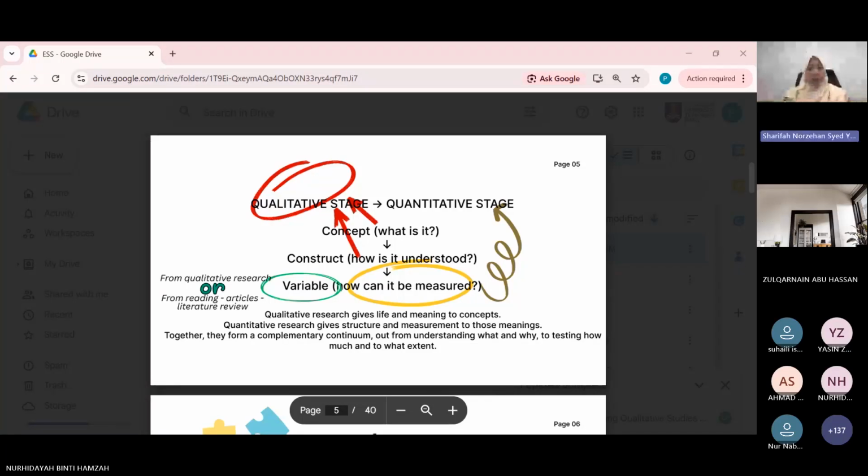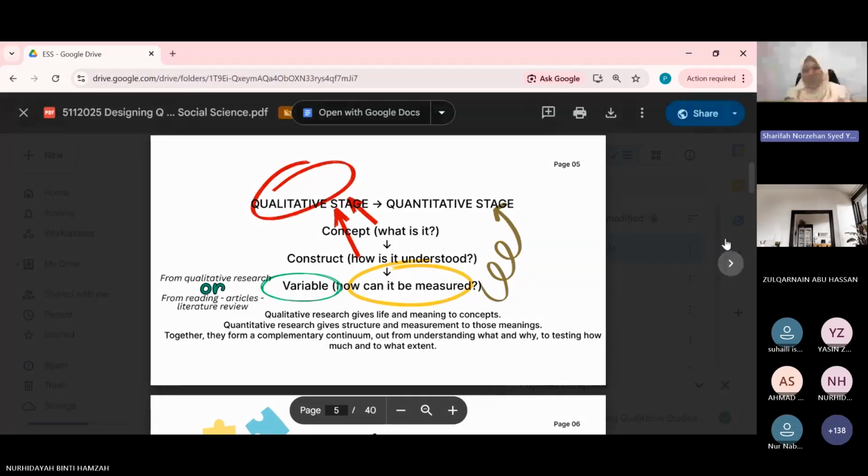From the reading of your literature, you find several variables are already being researched on, but you feel that there are some more constructs or variables that are still not being researched on. That's where the gap comes into the picture.